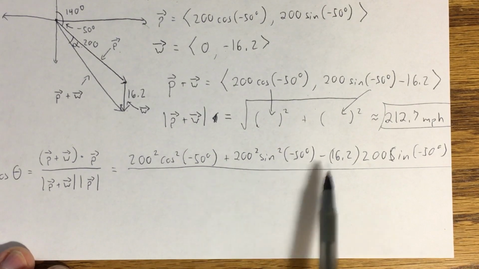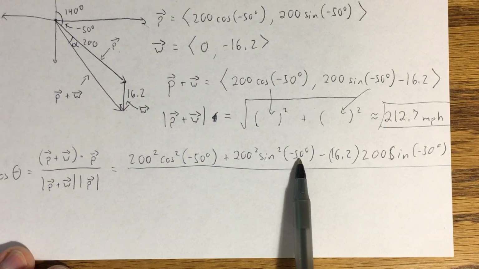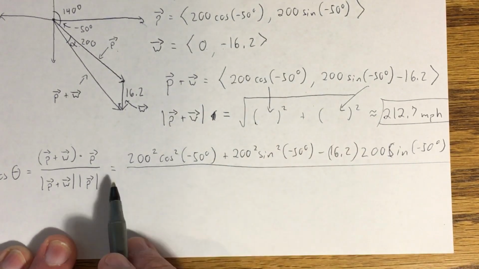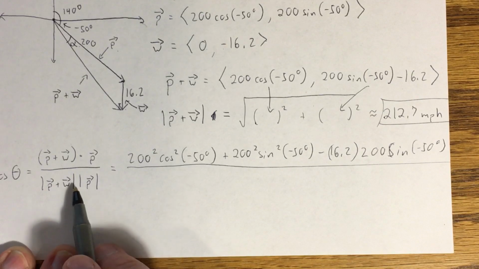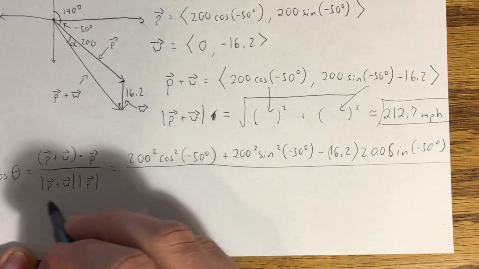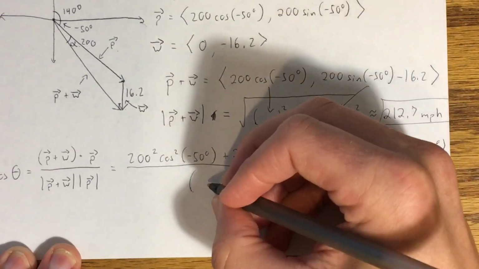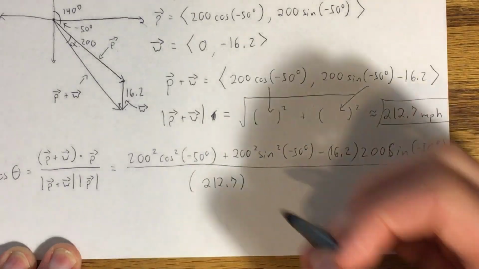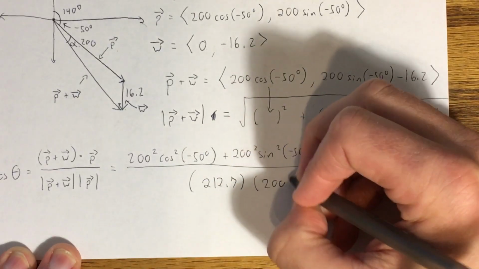Notice you have cosine squared of negative 50 plus sine squared of negative 50, which is equal to 1. That greatly simplifies this down. Down here, the product of these magnitudes, we know both of these magnitudes already. We just found the magnitude of p plus w. It was 212.7. The magnitude of p is the airspeed of the plane, which was 200.